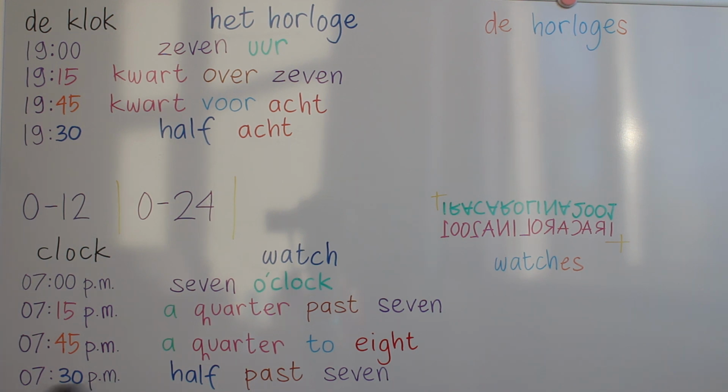In this one, instead of using 7 in Dutch, we use 8. And we don't have to say the past.